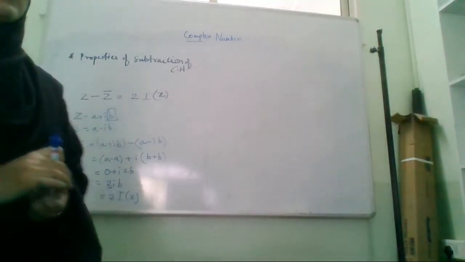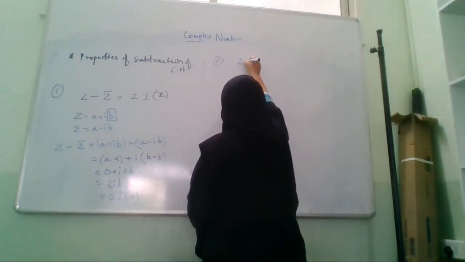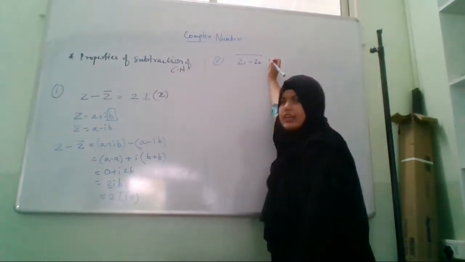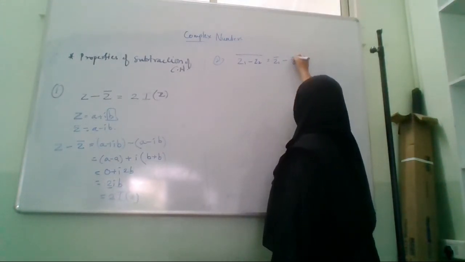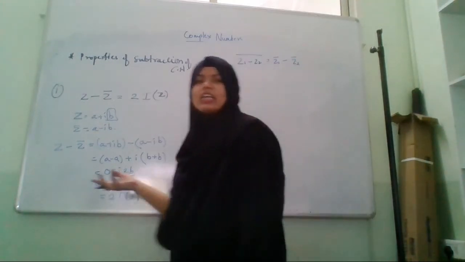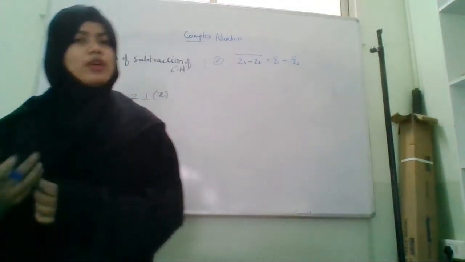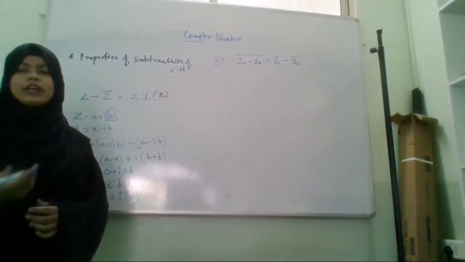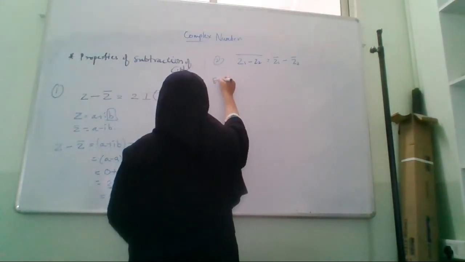The next property is (z1 minus z2) whole conjugate is equal to z1 conjugate minus z2 conjugate. Like in addition, we can separate the conjugate over addition as well as over subtraction. We will also verify this property by taking an example.